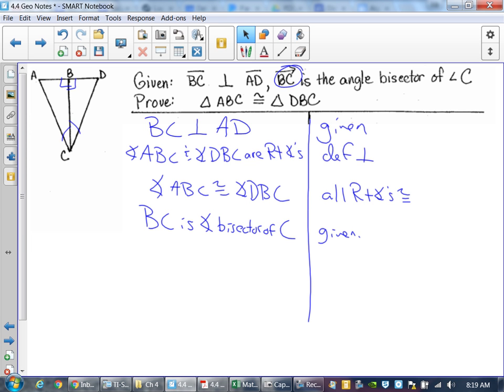Those two. According to my sheet, I just wrote that down because I just used the definition of an angle bisector.